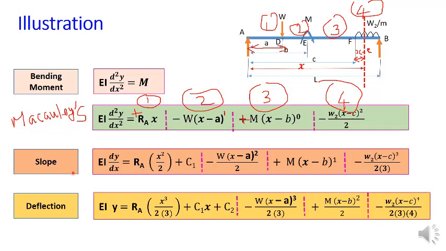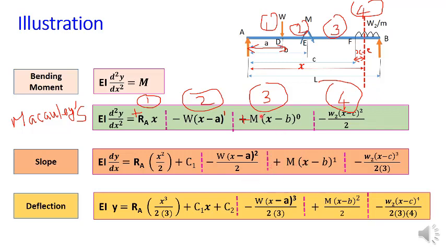and deflection. When you integrate this equation one time, you get EI into dy by dx. RA is a constant value. When you integrate x square by 2, the integration constant should be added only in the first portion. Similarly, in the second portion, W is kept as constant, and x minus a should be integrated as a whole, x minus a the whole square divided by 2.